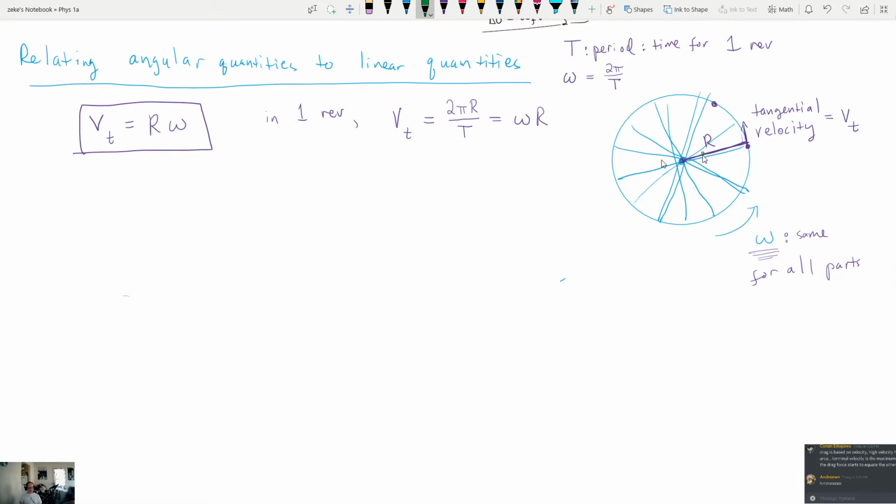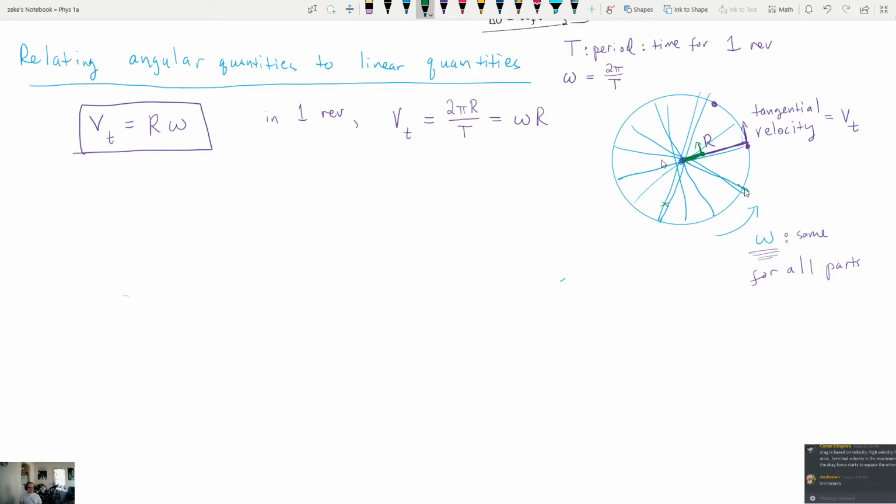So for example, if I take a point right here on one of the spokes of the wheel and consider what it's doing, it's going to have a smaller tangential velocity because it has a smaller radius vector that goes out this way. Okay? But any point on the wheel, like let's say I pick this point right here and I look at what it does over one period, it's going to go around one revolution.